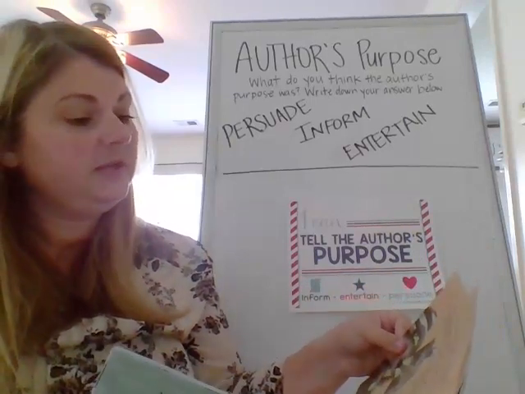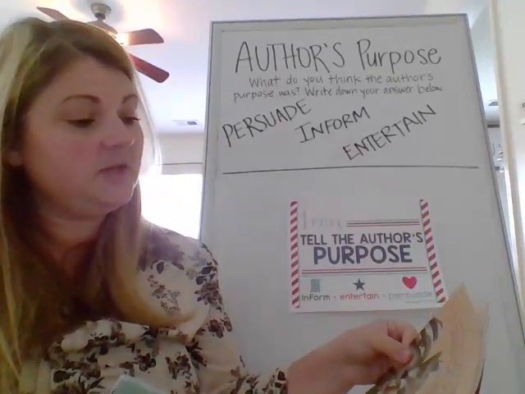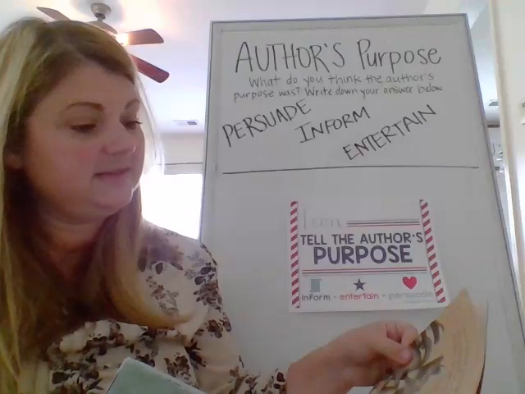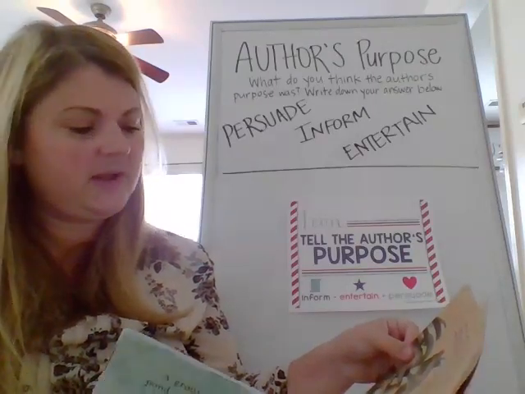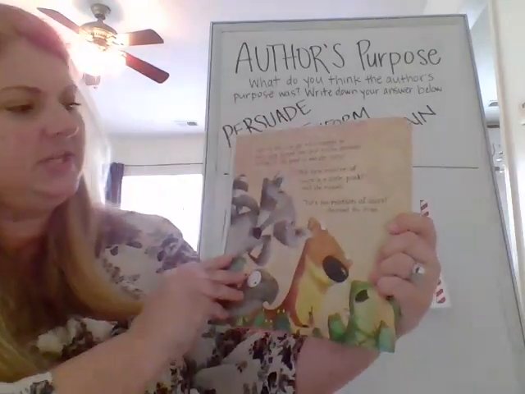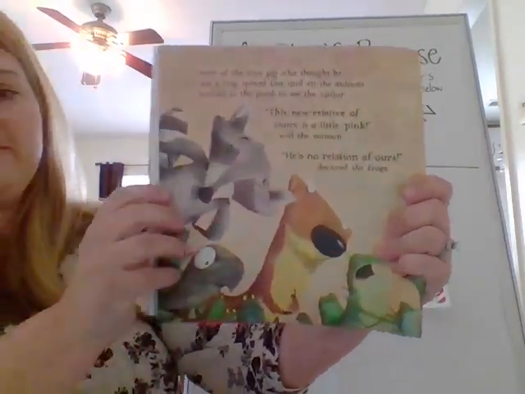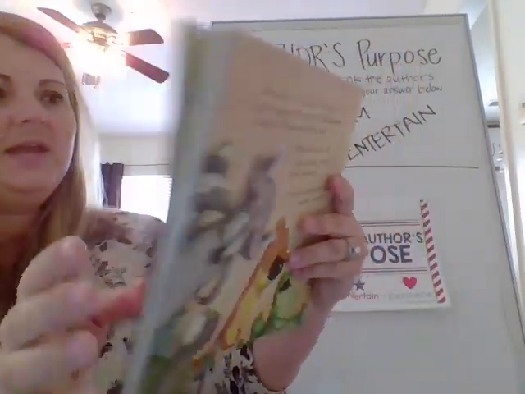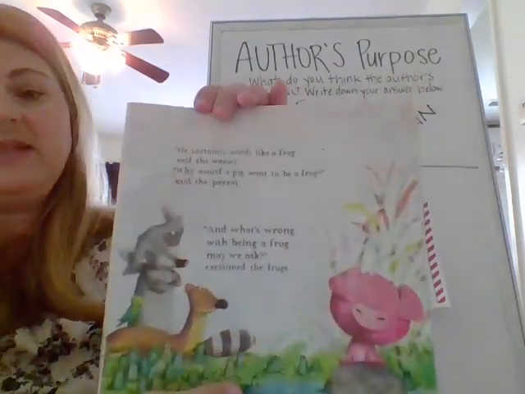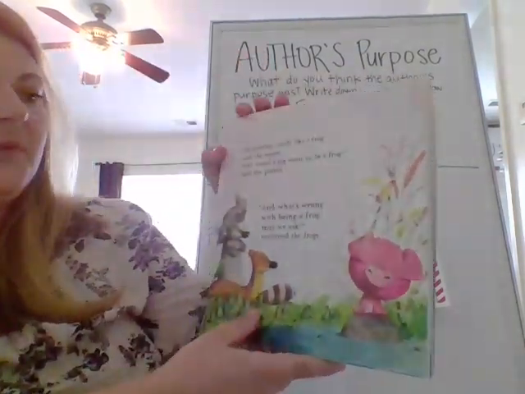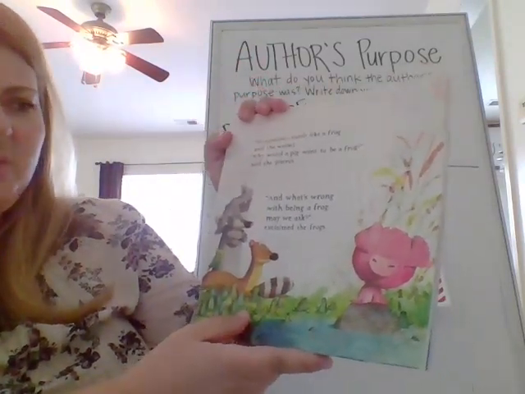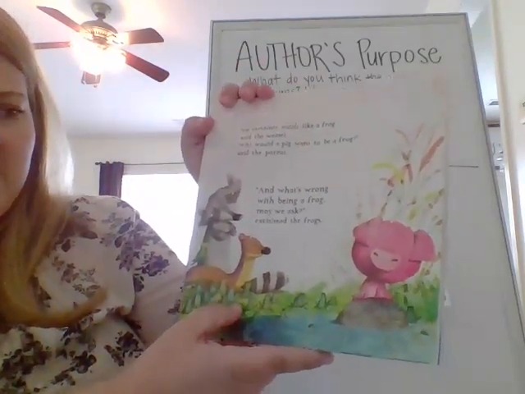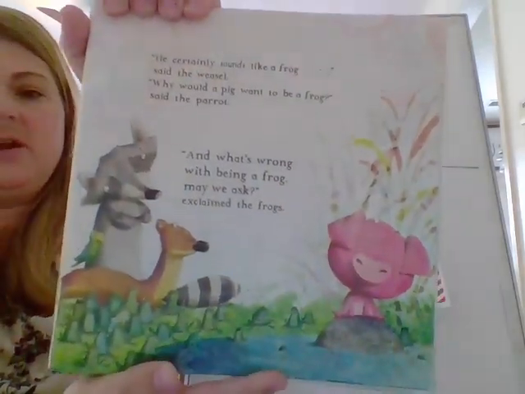News of the little pig, who thought he was a frog, spread fast, and all the animals hurried to the pond to see the visitor. "This new relative of yours is a little pink," said the raccoon. "He's no relation of ours," declared the frogs. "He certainly sounds like a frog," said the weasel. "Why would a pig want to be a frog?" said the parrot. "And what's wrong with being a frog, may we ask?" exclaimed the frogs.